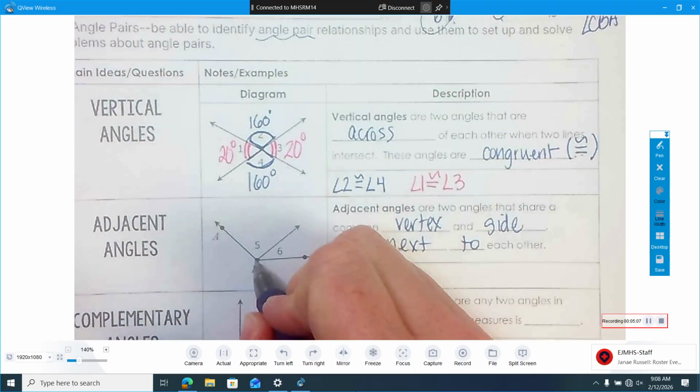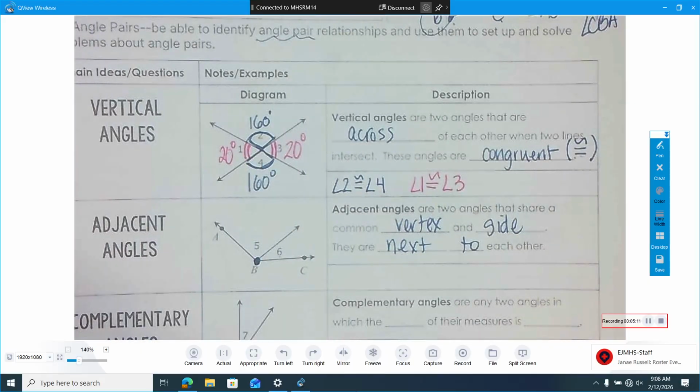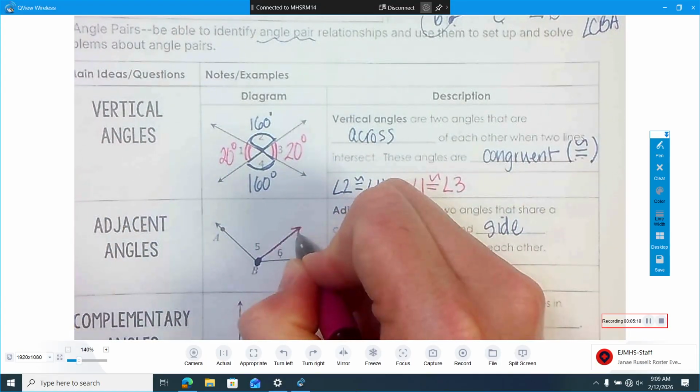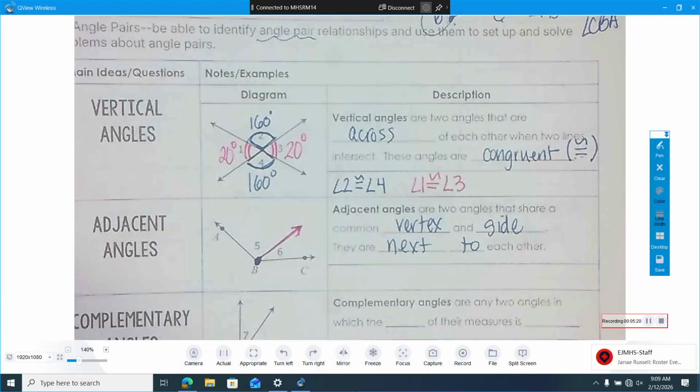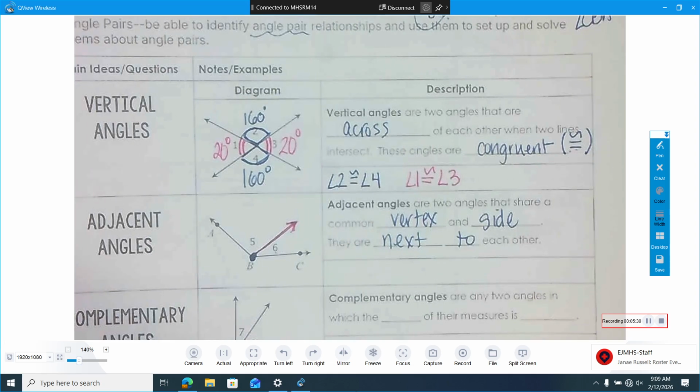So what we have here is angle 5 and angle 6. They both have this common vertex B, and they have this common side, this side between them, right here, that they're both sharing, all right? So these are, well, next door neighbors, all right? That's what adjacent means. So this is adjacent angles. They just are next to each other, all right?